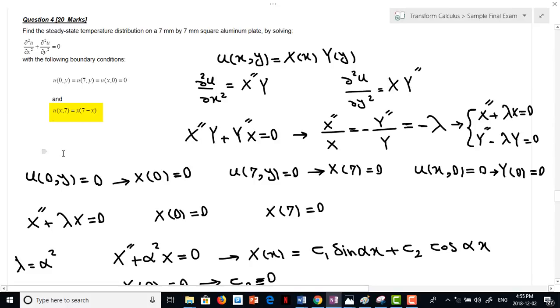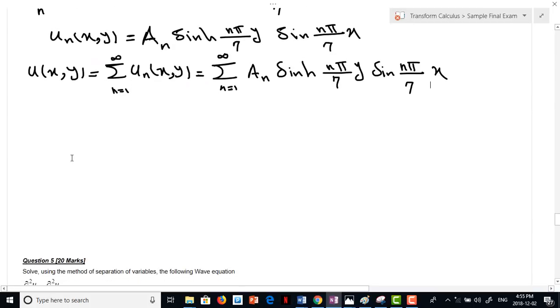So the last boundary condition that we have says that u of x and 7 is equal to x times 7 minus x. So we have u of x and 7 is equal to x times 7 minus x.